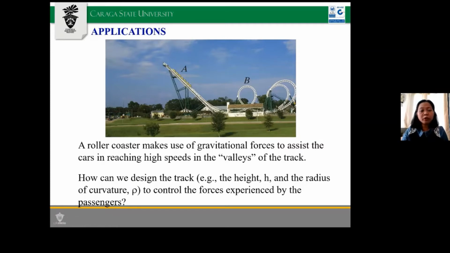In order to properly design the loop, it is necessary to ensure that the cars have enough energy to make the loop without leaving the tracks.